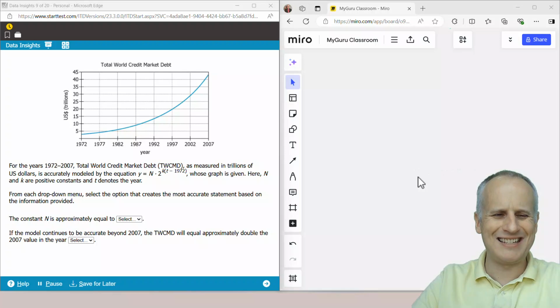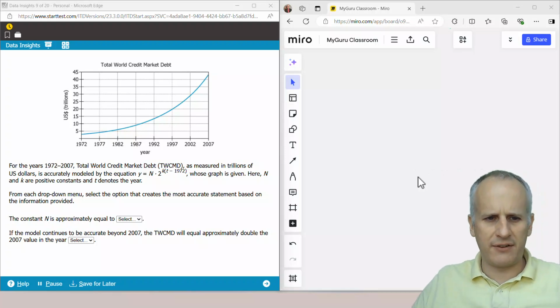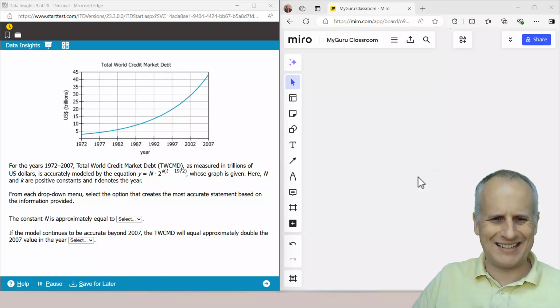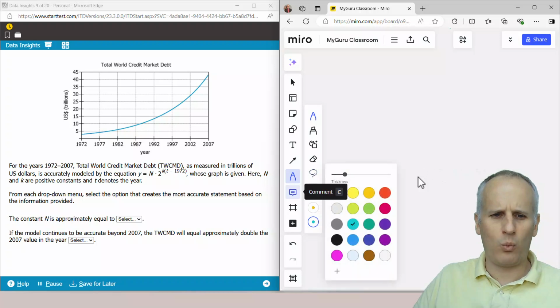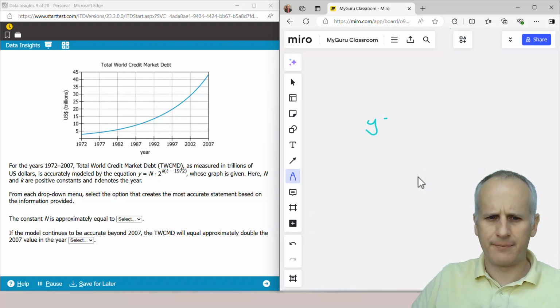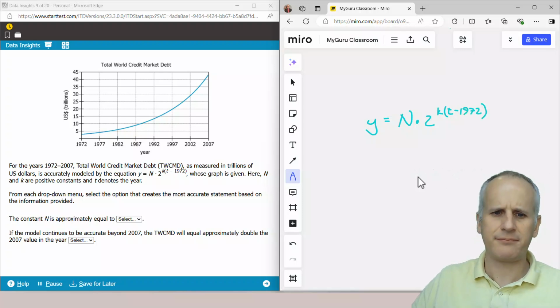For the years 1972 to 2007, total world credit market debt, as measured in trillions of dollars, is accurately modeled by the equation that y equals n times 2 to the k power times t minus 1972.